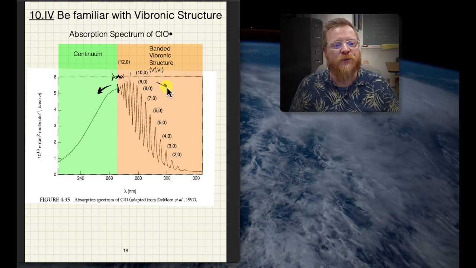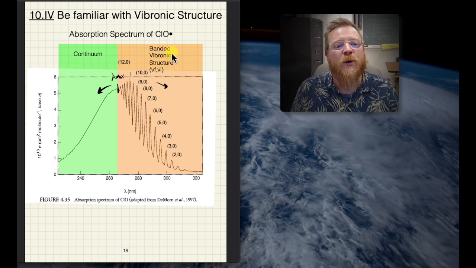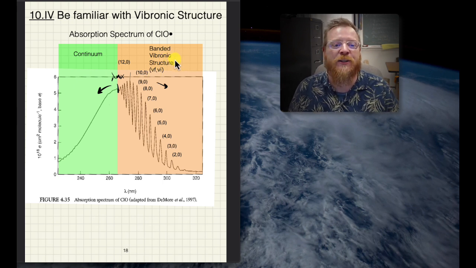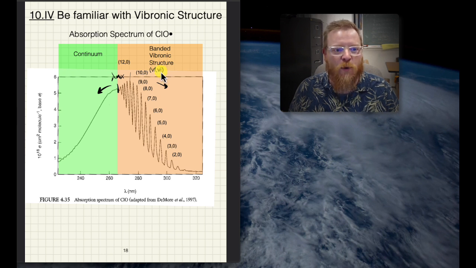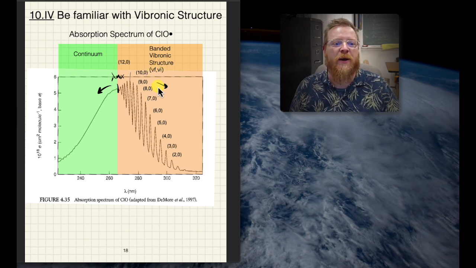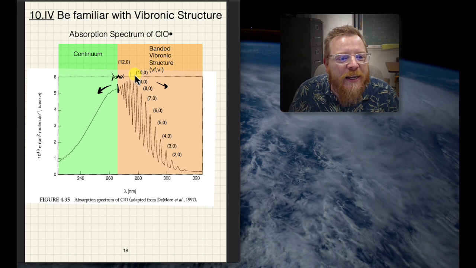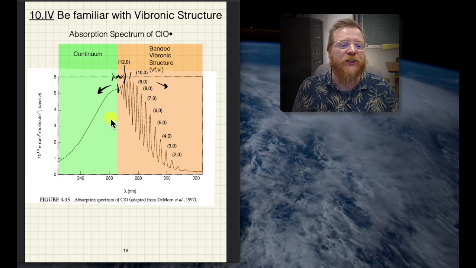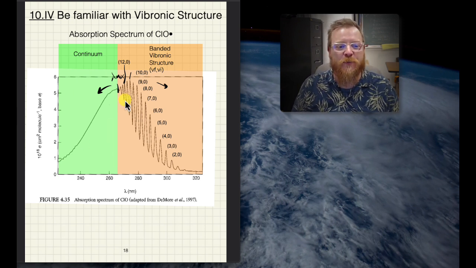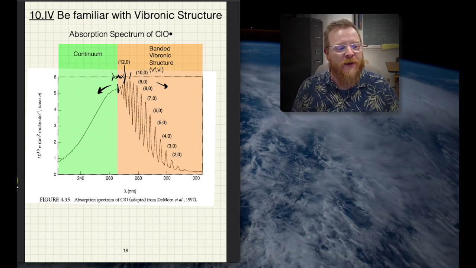And as we go to lower energy levels, we get this banded vibronic structure, where the numbers indicate the initial vibrational quantum number and the final vibrational quantum number. So you can see up to here is indicated about 10 levels. Right here is about 12 vibrational levels. So this is pretty cool that this spectra works out to be that way.